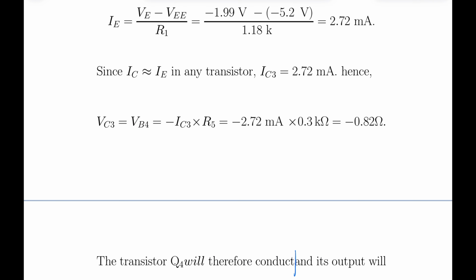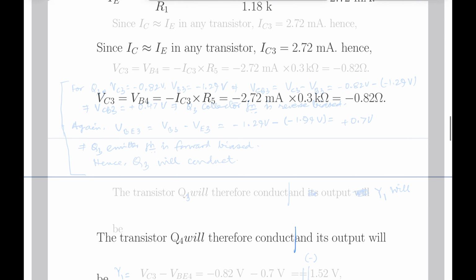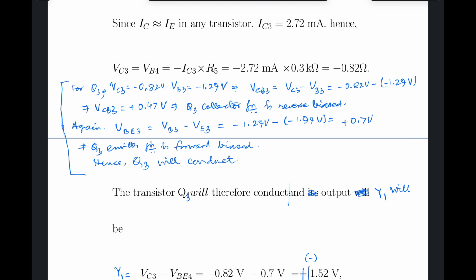IC3 is 2.72 milliampere, R5 is 300 ohm, so this is 0.3 kilo ohm. This gives you the value of VC3 equal to VB4 equal to -0.82 volt. I am going to show that transistor Q3 is actually conducting as we have assumed earlier. So VC3, the collector potential of transistor Q3, is -0.82 volt.